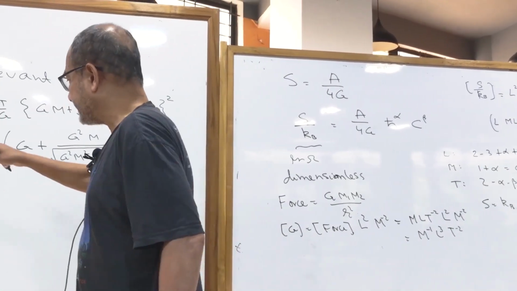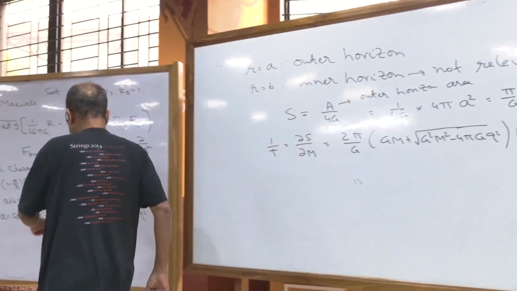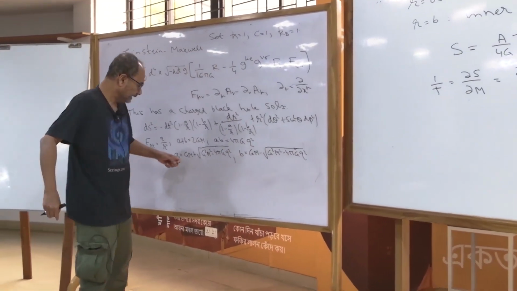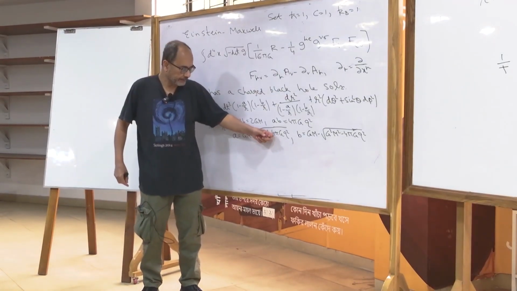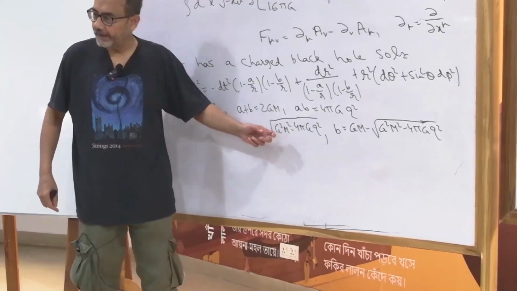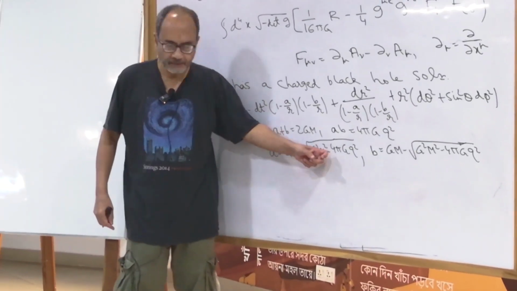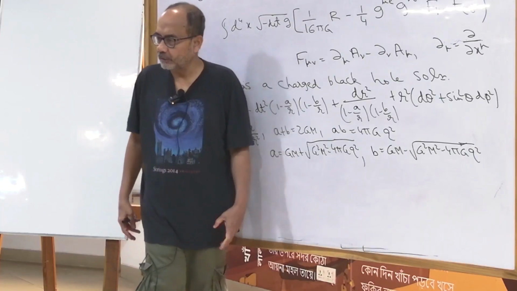Okay, so we'll examine this formula for T, but there is one more thing that we can see from this formula: it makes sense only when this is larger than this, right? Because otherwise A and B become complex. If this becomes less than 0, the horizon doesn't exist, so it's not a black hole anymore.